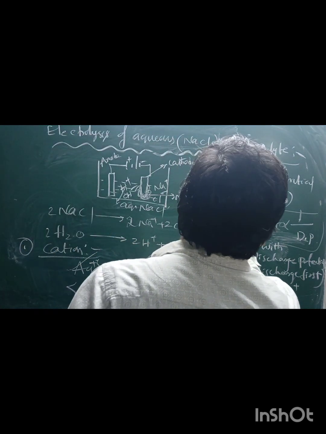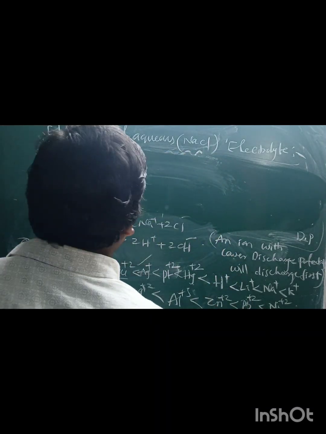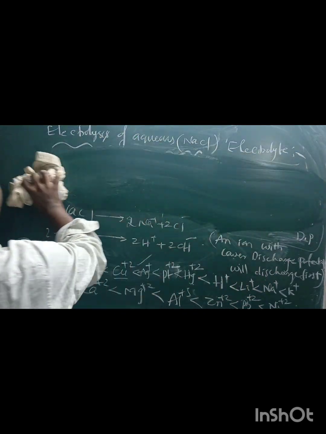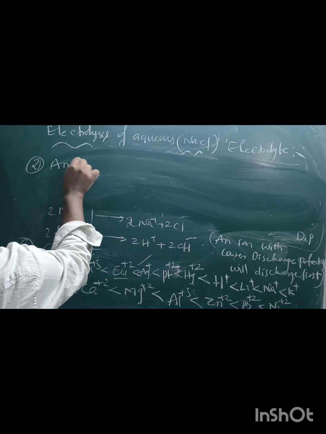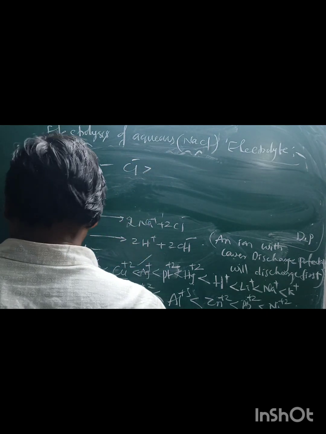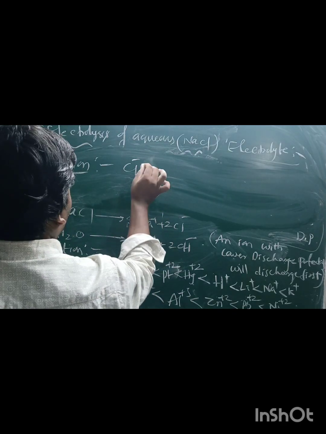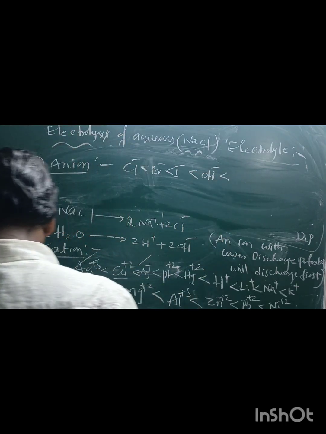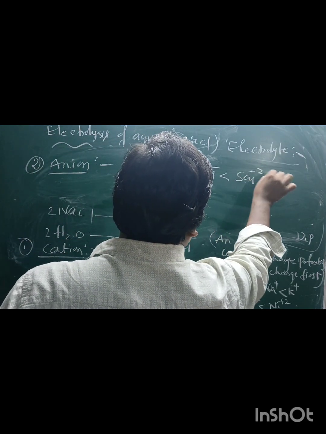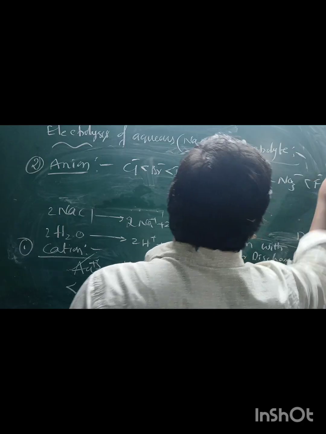Okay, so if you take here the order with respect to anions, halides like Cl minus, Br minus, I minus, halides, less than OH minus, sulfate ion, nitrate ion, etc. Then followed by fluoride ion also.